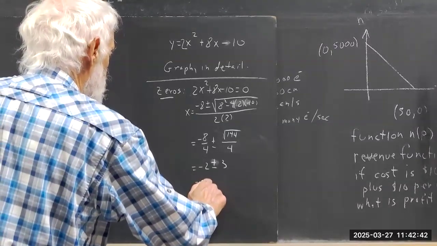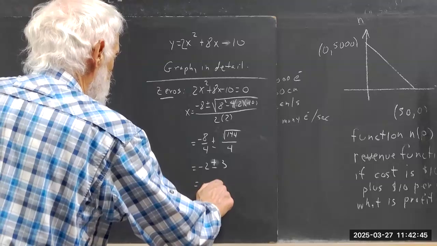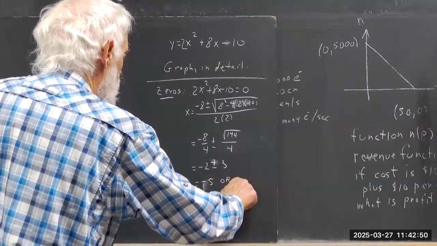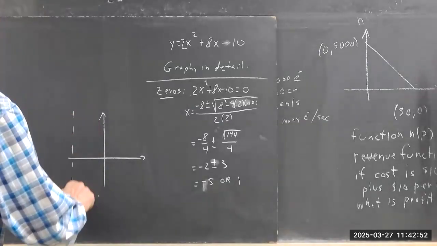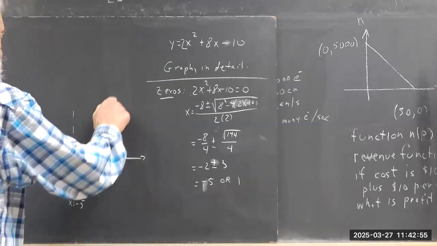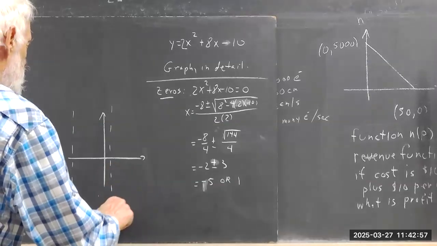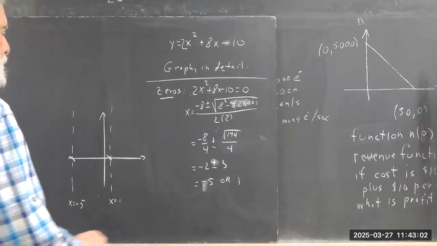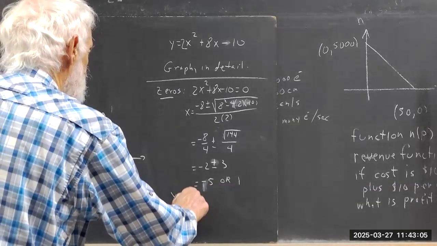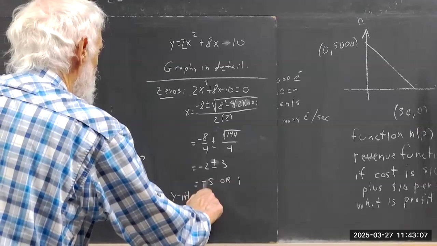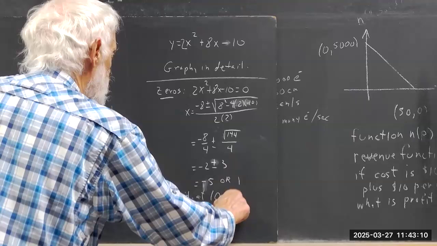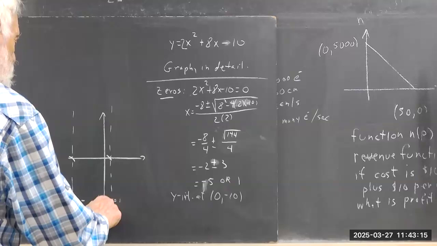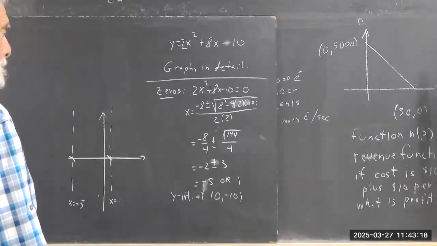So -2 plus or minus 3 is -5 or 1. So here's x equals -5. Here's x equals 1. And here are your zeros. Your y-intercept at 0, -10. So here's your y-intercept all the way down at -10. Something isn't making sense.